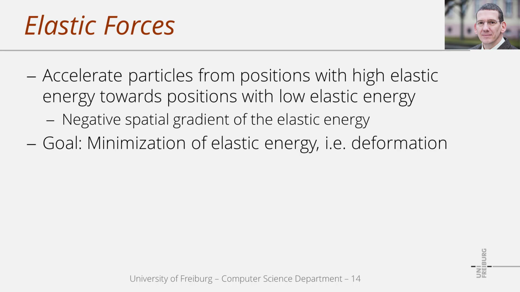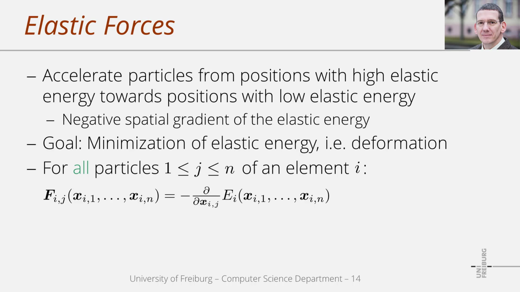So again, our goal is to minimize the elastic energy, which corresponds to minimizing the deformation. Now, if we have an element I with particles xi1 to xin, then the force at particle j is computed as the negative partial derivative of the energy Ei with respect to the position xij.